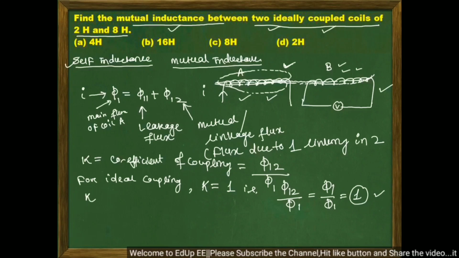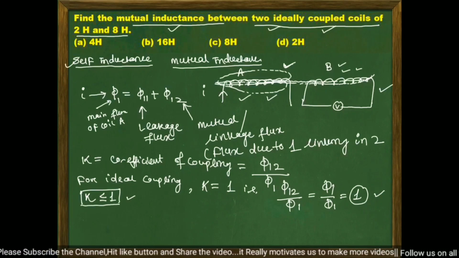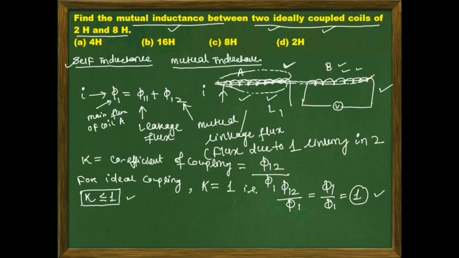So this value of K is less than or equal to 1, so the maximum value of K will be 1. And suppose the coil A has a self inductance of L1 and let coil B has a self inductance of L2, then what is the relation between them?